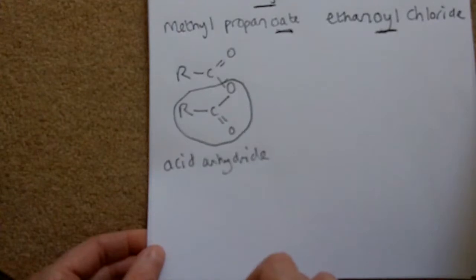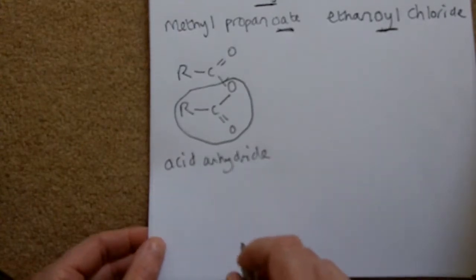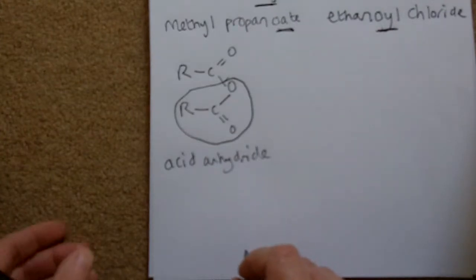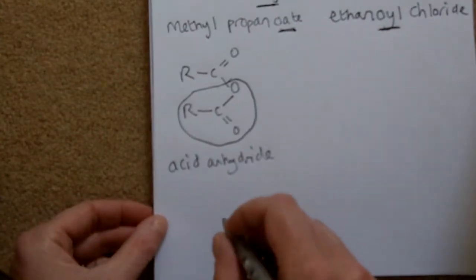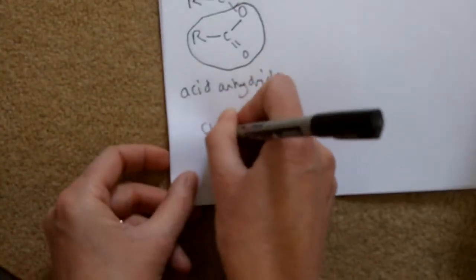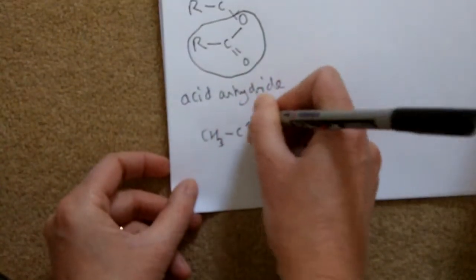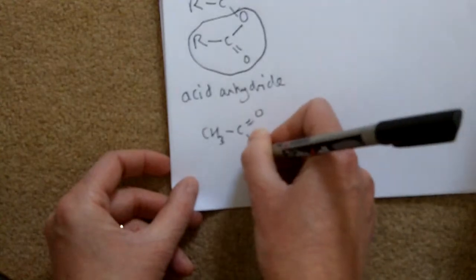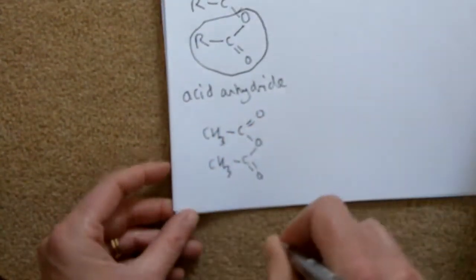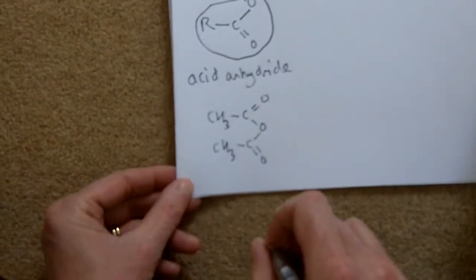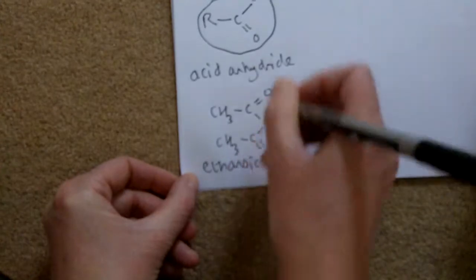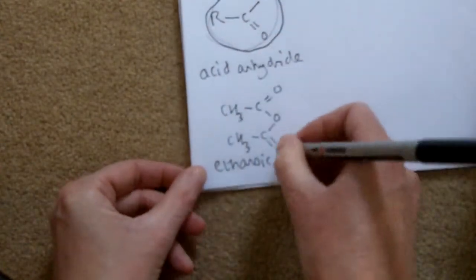If, for example, the R was a CH3, so CH3, C double bond O, O, C double bond O, CH3, that is called ethanoic anhydride, because it's like an ethanoic acid has been added on.